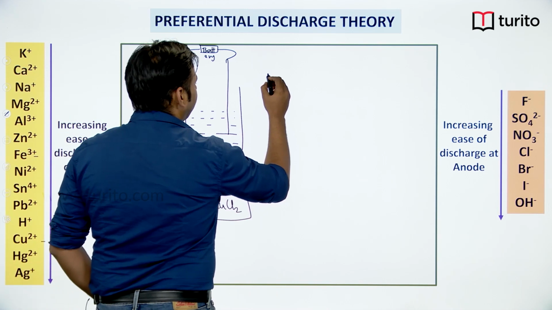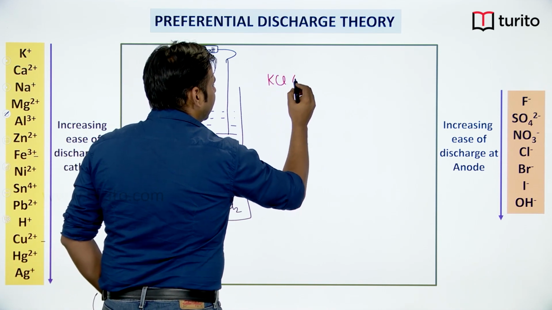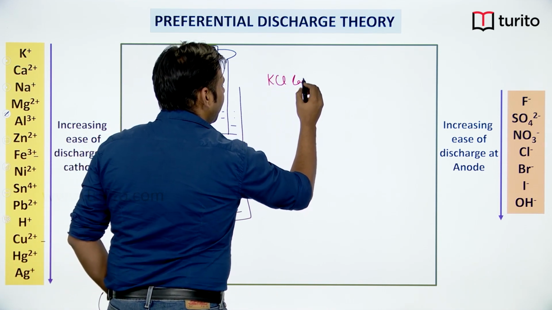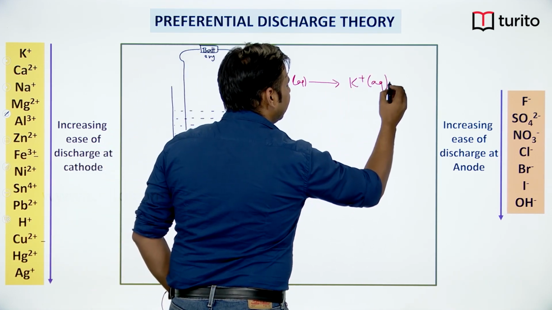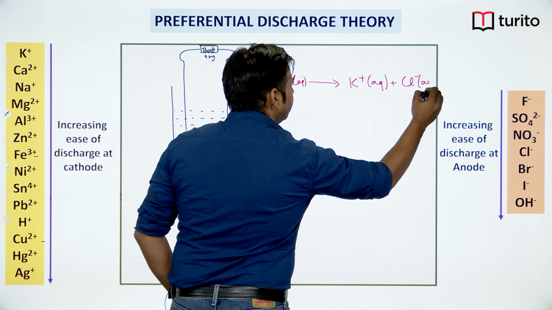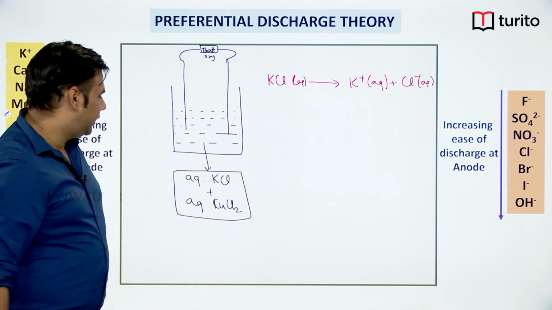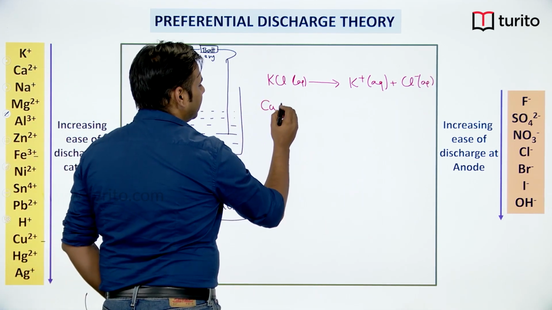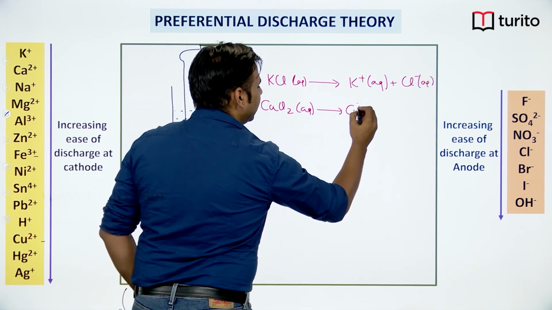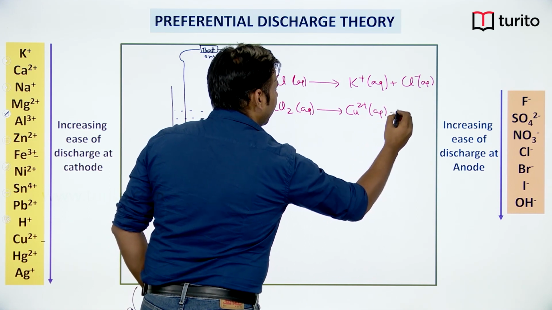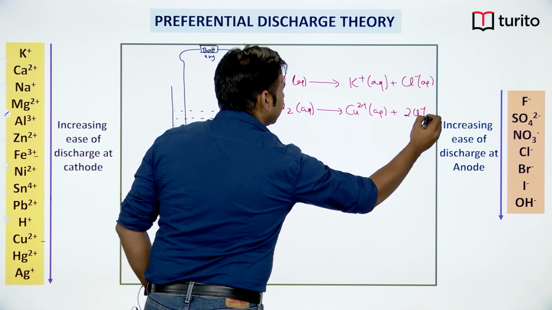The first thing that would happen is KCl would dissociate into K plus and Cl negative. Similarly CuCl2 would dissociate into Cu2+ aqueous and 2Cl negative aqueous.